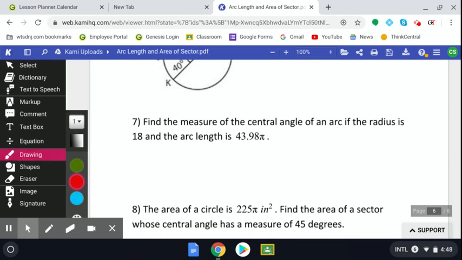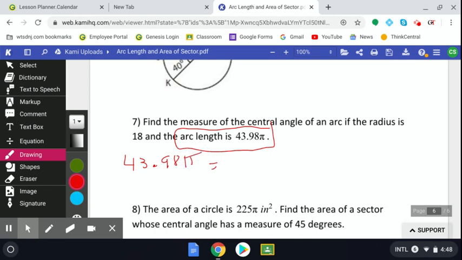So number 7 says, find the measure of a central angle of an arc if the radius is 18 and the arc length is 43.98 pi. So they gave you the arc length. 43.98 pi is the arc length.